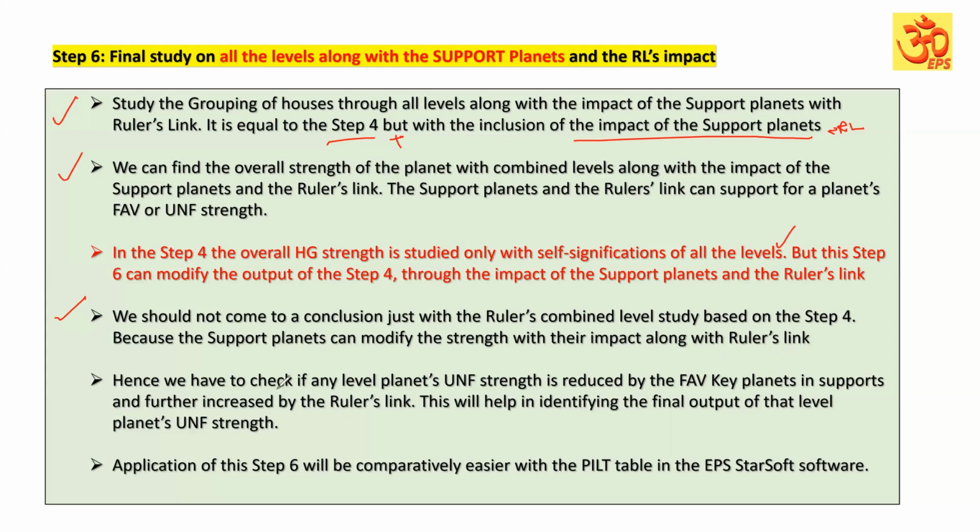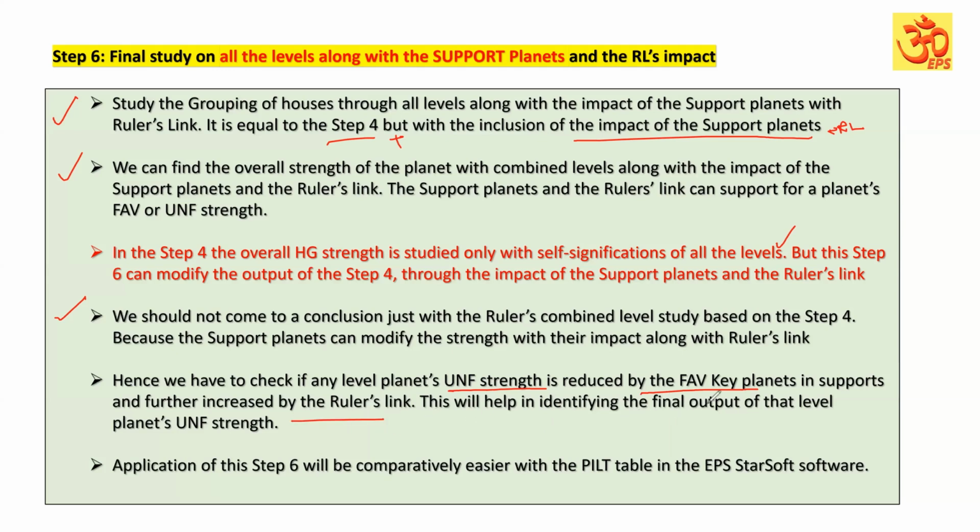Hence, we have to check if any level planet's unfavorable strength, especially because a planet level star lord or sublord is having unfavorable strength, it will give a strong impact to the planet. But if that unfavorable strength is present, we have to check if any planet's unfavorable strength is reduced by the favorable key planets in supports and further increased by the ruler's link.